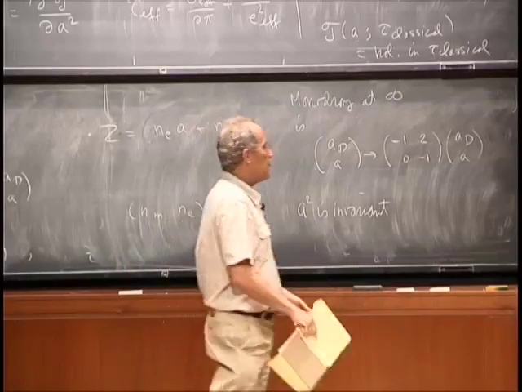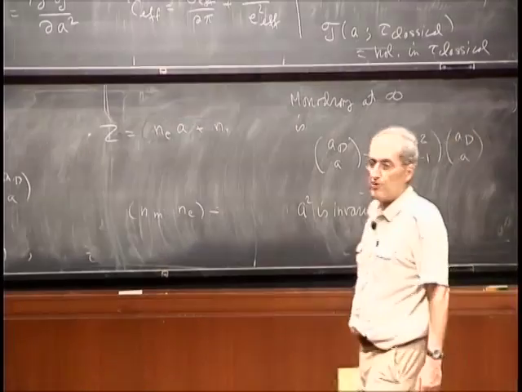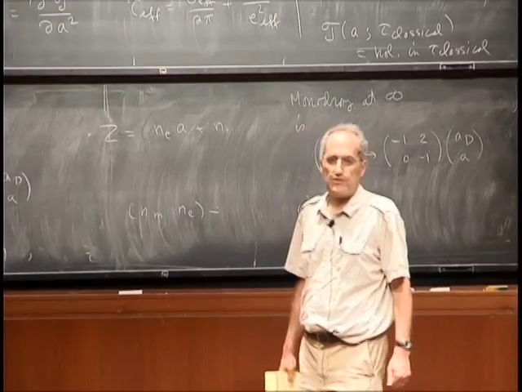Now, if there was only one bad point, which is the answer classically, then the monodromy at infinity would be the only monodromy, and A squared would be a good coordinate. That would be very bad, because then we'd be back in the situation where the imaginary part of tau can't possibly be positive definite.